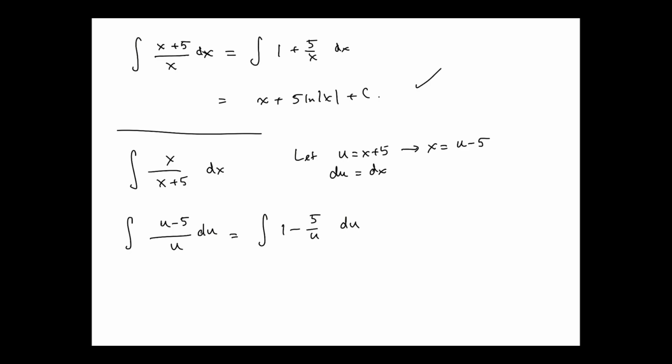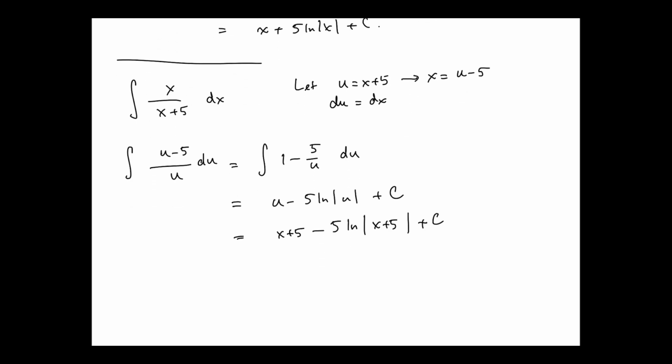Wow, that's pretty cool. Okay, and then it's just what? u minus 5 natural log absolute value of u plus C, and then what was u? Could I just write it as this?